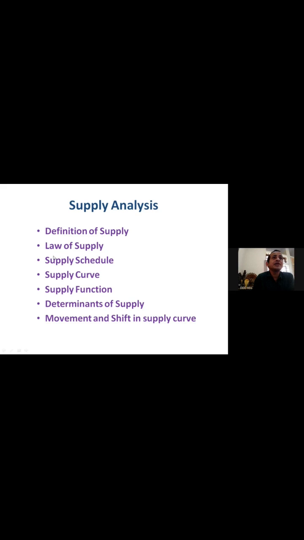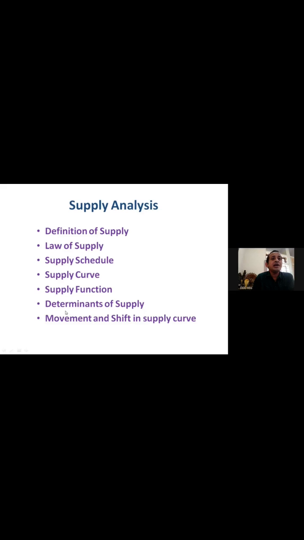I repeat, what do you understand by the law of supply? Discuss with supply schedule and supply curve. Then discuss supply function.